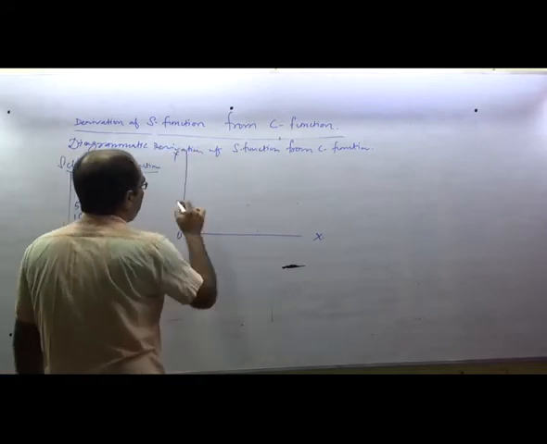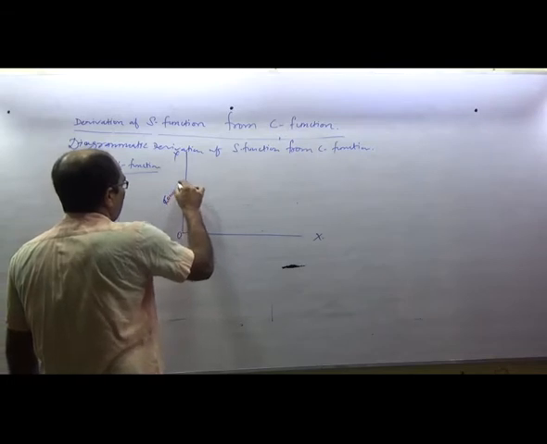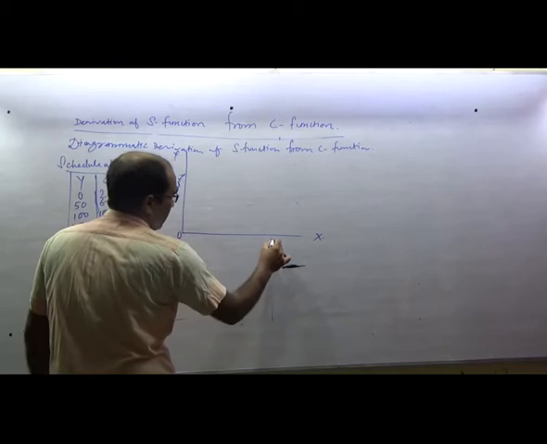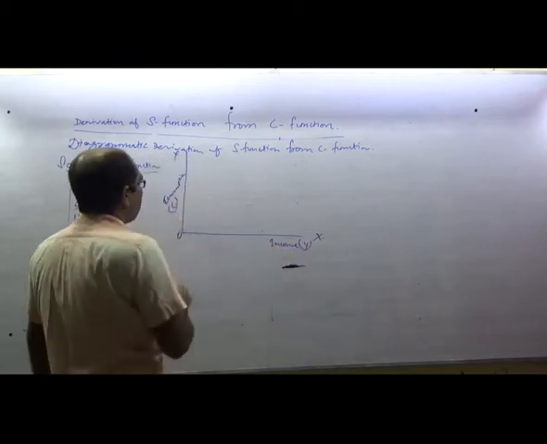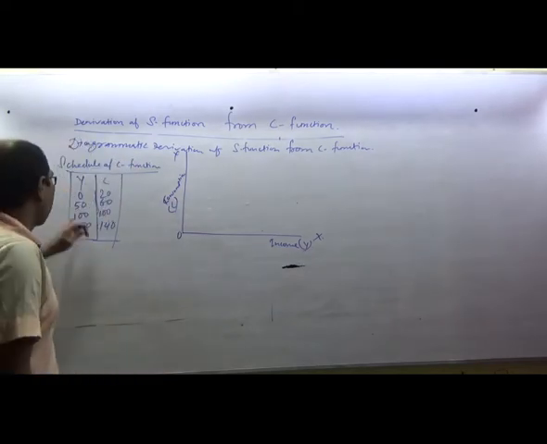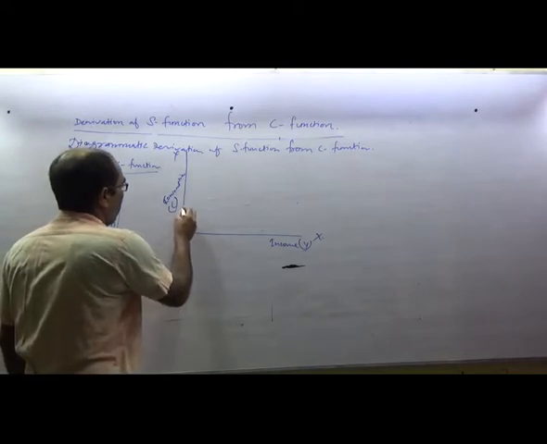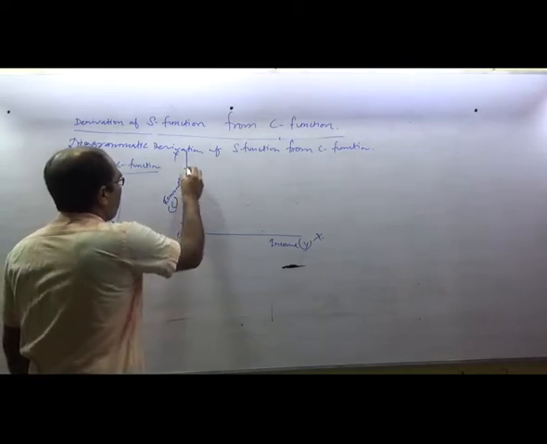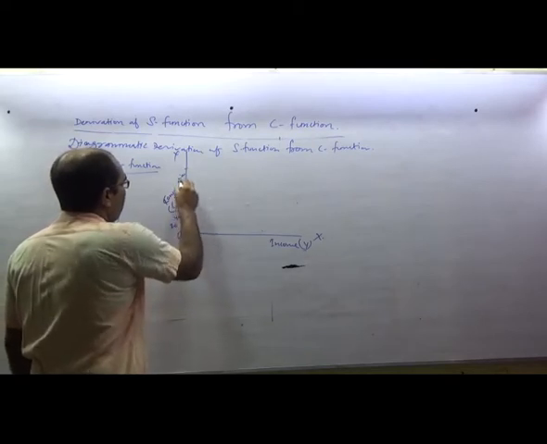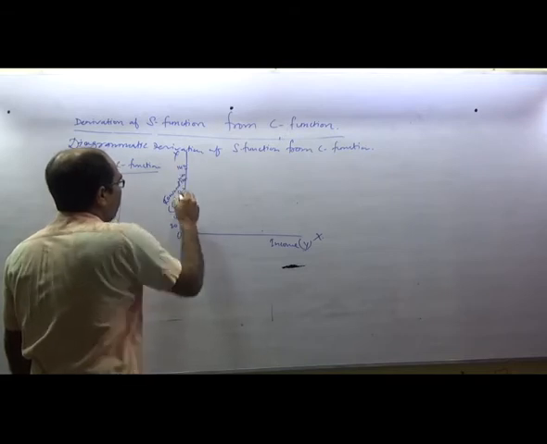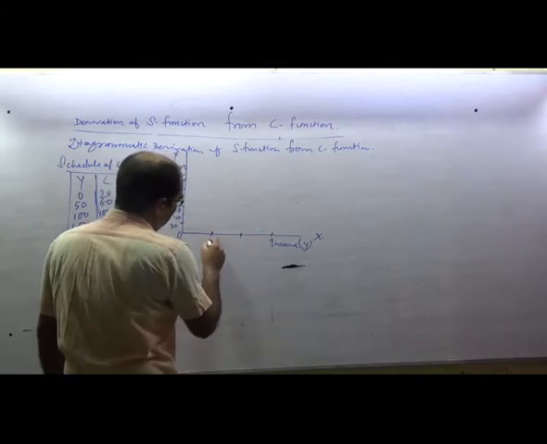Along the Y-axis, the value of C, consumption, and here income, Y. Value of C: 20, 40, 60, 80, 100, 120 and 140. Value of income: 50, 100, 150.